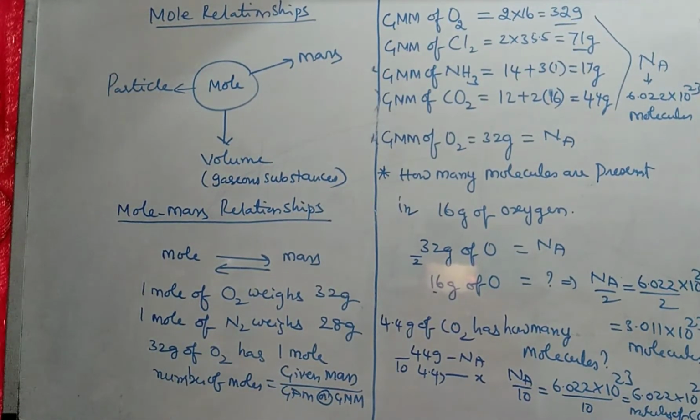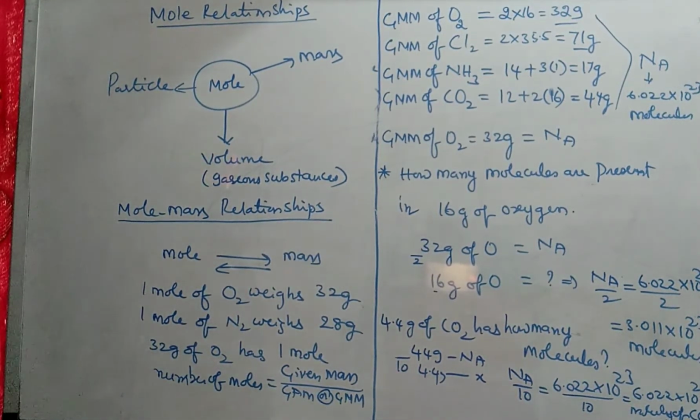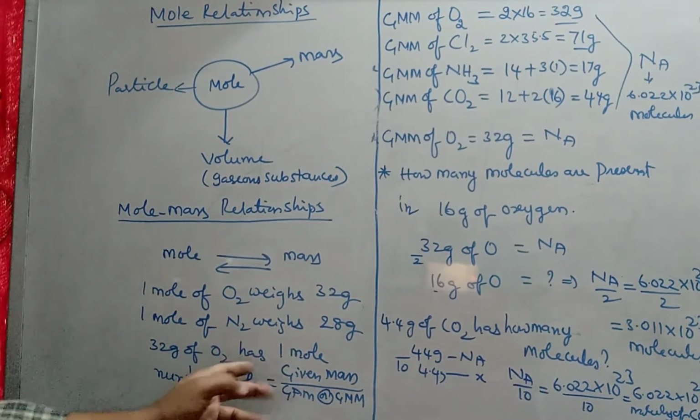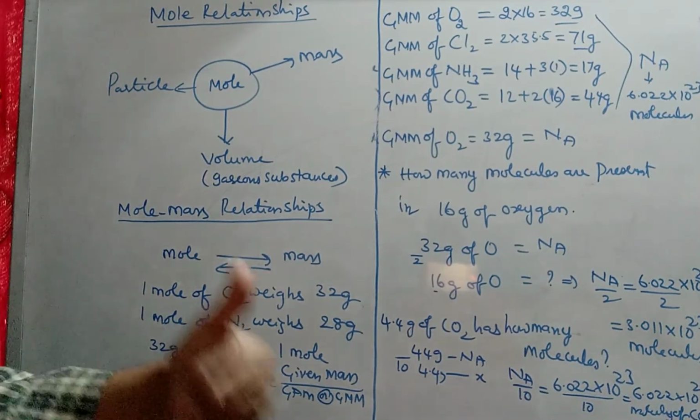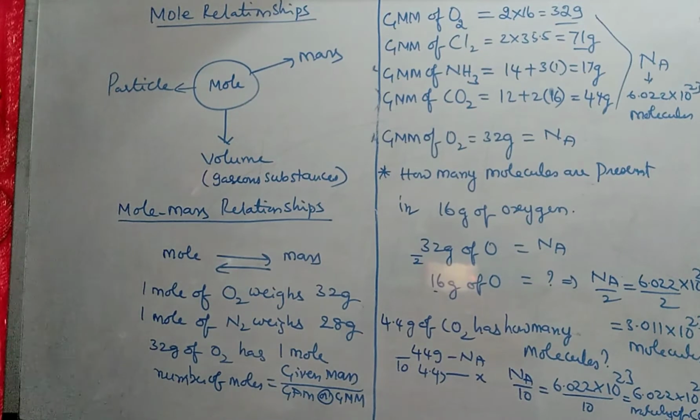Based on this, we can do plenty of problems. We can correlate number of moles to given mass, or given mass to number of moles, or gram atomic mass to given mass. Like that we can correlate all. You can make any one of them the subject, then you can do it very easily.